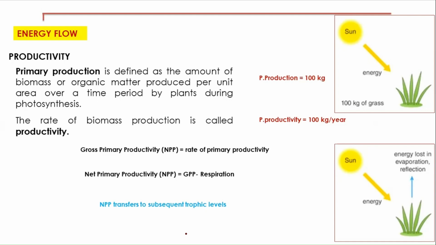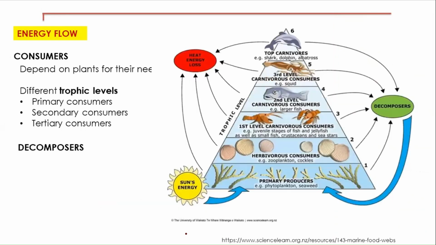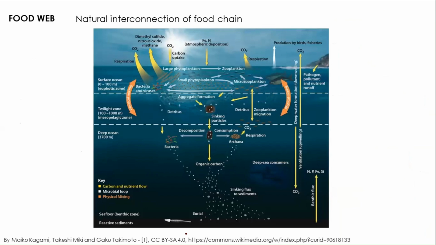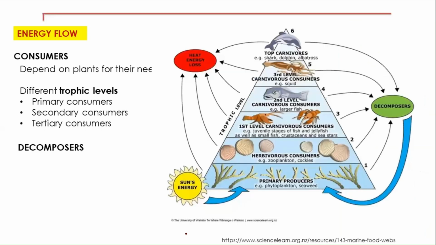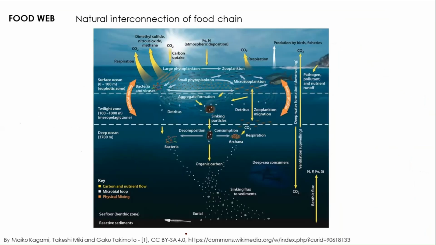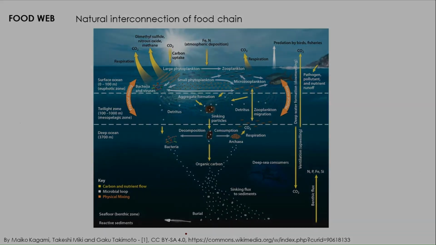And now it is this net primary productivity which will be transferred to the different trophic levels in the food chain. Okay, not spending much time because this is very basic slides. Again, in the food web, what happens is that when several food chains are combined or interacting at different trophic levels, it forms the food web.